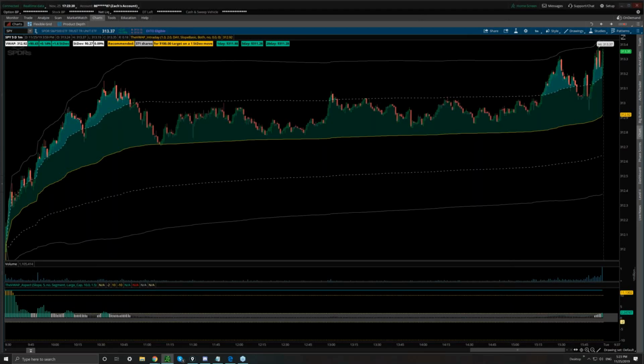Question from Chaz. Is there a way to measure slope of VWAP with respect to the horizontal axis? Absolutely. So one of the indicators that's included in group coaching is something I call the VWAP aspect. That's the indicator down here at the very bottom of our charts. It doesn't look like very much right now, but what you can see here is that there's a burst of green slope when we are uptrending.